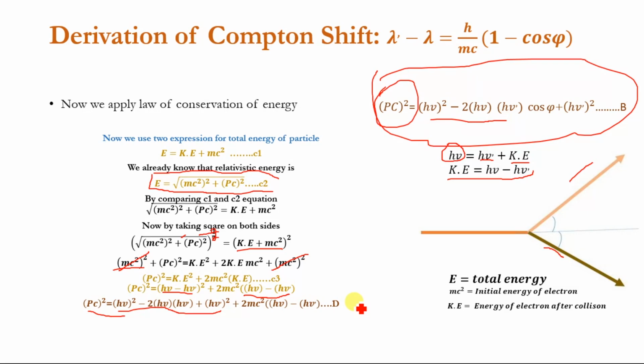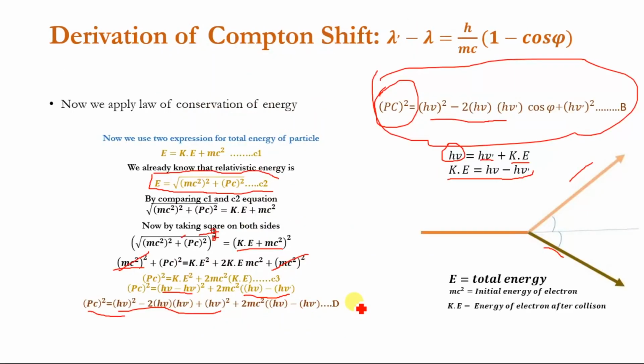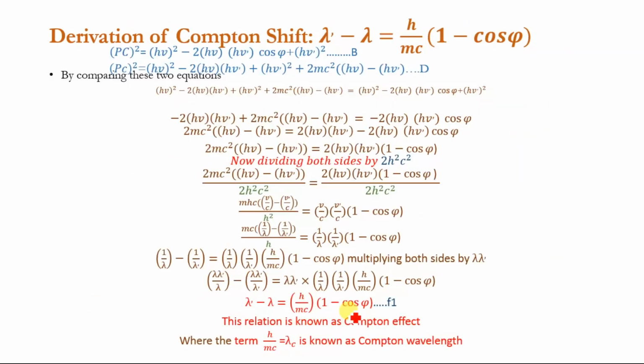Now what we are going to do is compare these two equations, equation D and equation number B. By comparing these two equations, we will get h mu whole square minus 2 h mu h mu dash plus h mu dash whole square plus 2 mc square into h mu minus h mu dash is equal to this whole term, which is this one.